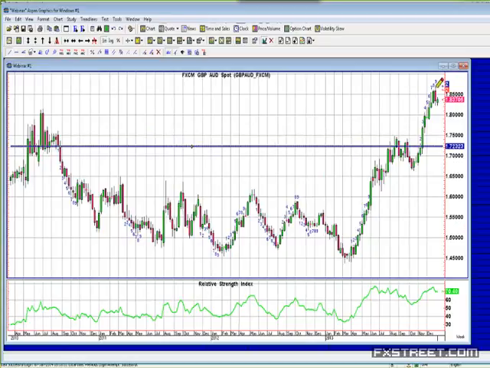Another 9 count with an engulfing candle, so you've got to give the short-term bias to the downside. Like I said, with that previous resistance now becoming support, I wouldn't have thought you'd get too far to the downside.